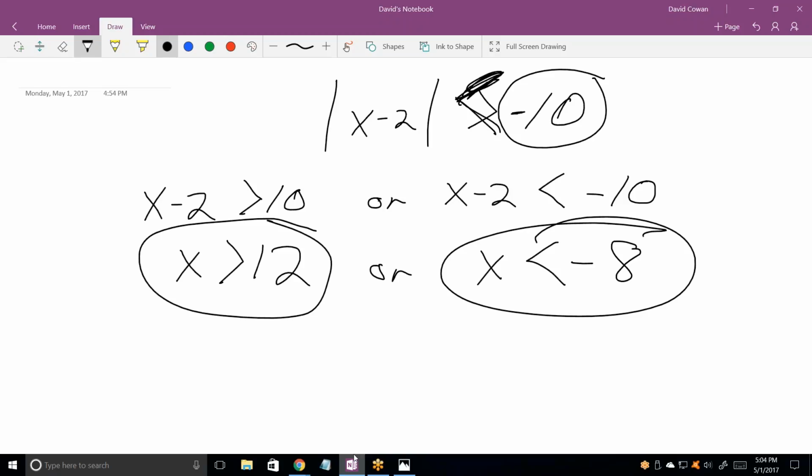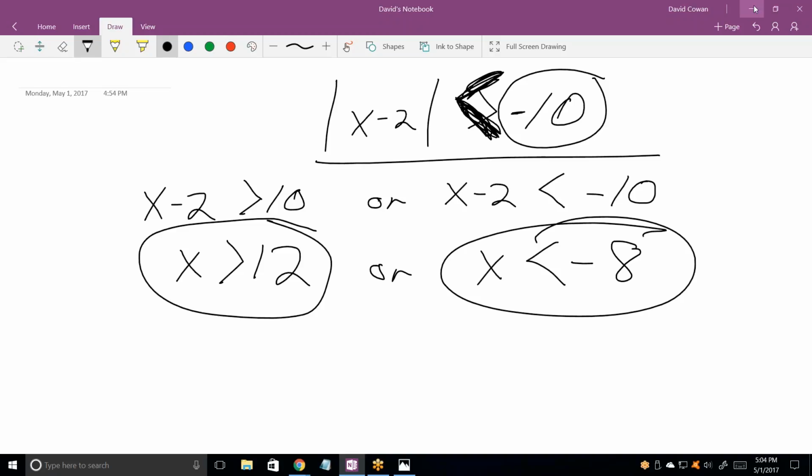It would be impossible for that to be less than minus 10. So if you get a problem like that, the very first thing you have to realize is that there's no solution. It's impossible. If you proceed with the two statements that I made, you'll come up with an answer and it won't be the right answer.